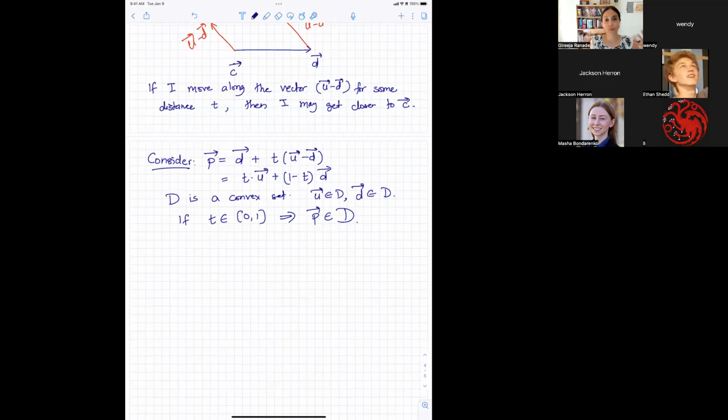So now we want to consider what is the distance between this new point P, this new vector P that we found, and our original C. So consider now the distance between C and P. Okay?